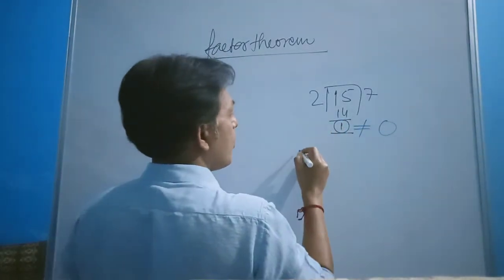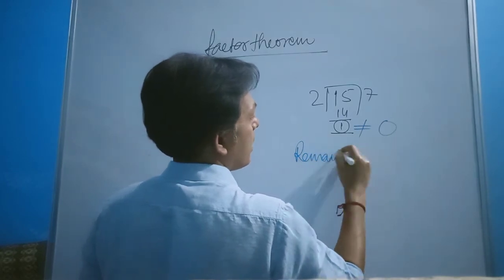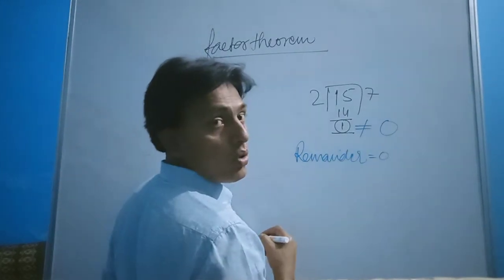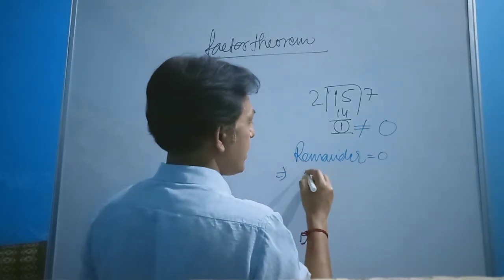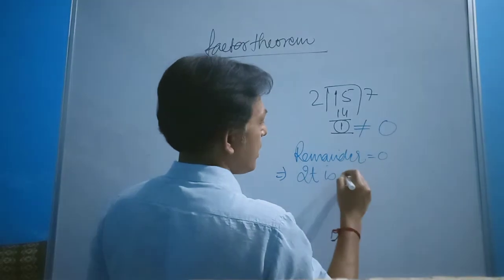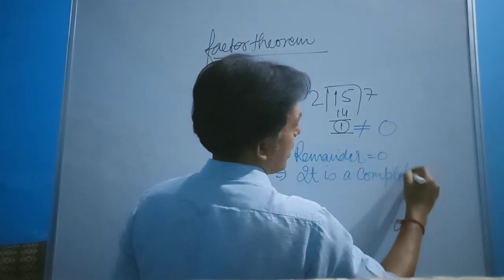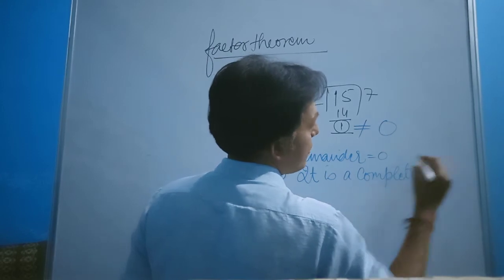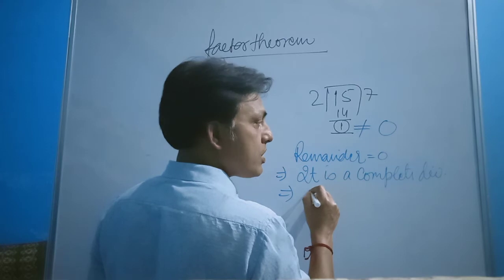When the remainder becomes 0, we conclude that it is a complete division. Complete division means remainder becomes 0.